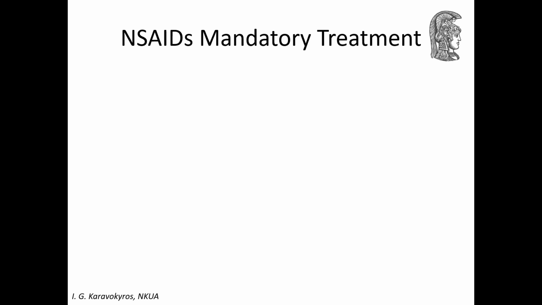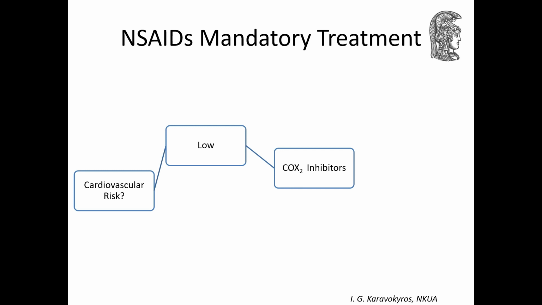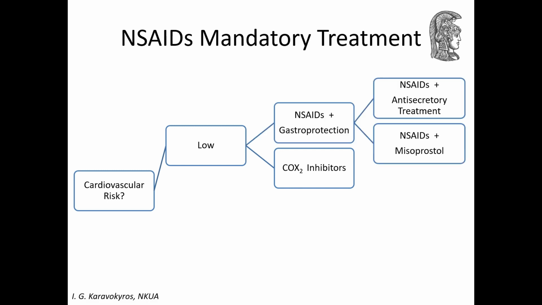A possible algorithm, based on the patient's cardiovascular risk, is the following. If the cardiovascular risk is low, then they can take COX-2 inhibitors. Alternatively, they can receive non-steroid anti-inflammatory drugs combined with gastroprotection, which can be either anti-secretory treatment or misoprostol.